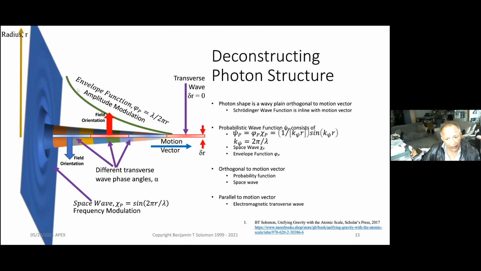But later on, when I started looking at the properties of the photon structure, I realized, hey, this equation from 250 years ago gives as good a fit, if not better. So why do we want to use a complicated function? So I adopted the probabilistic wave function. This probability is actually a function of 1 over r, the orthogonal radius from the motion vector.